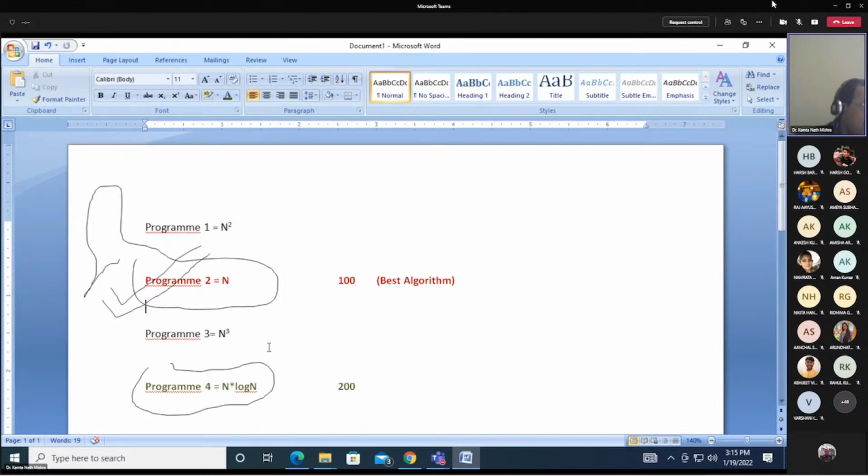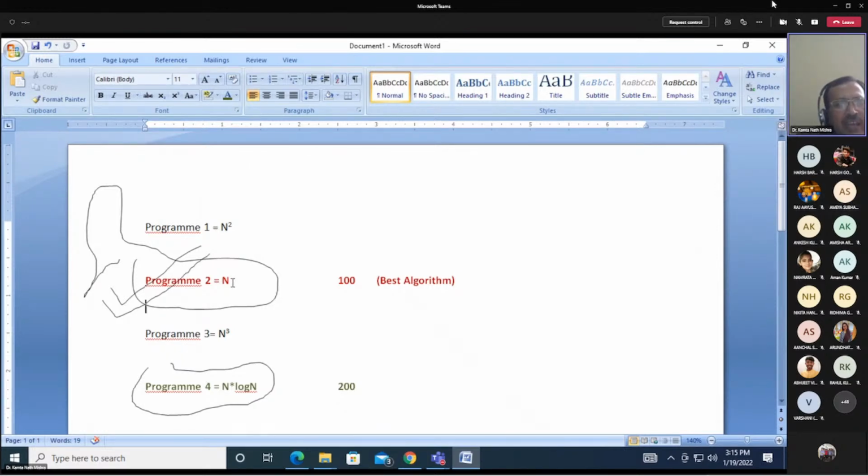You take n equal to 100, n equal to 200, 300, 400, n 1000, 5000, 10,000, n 1 million, 10 million, n is 1 billion. So for any value of n greater than or equal to 100, what is happening? Who is taking minimum time?